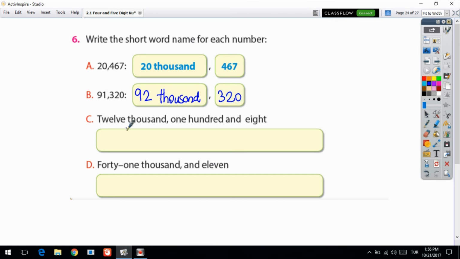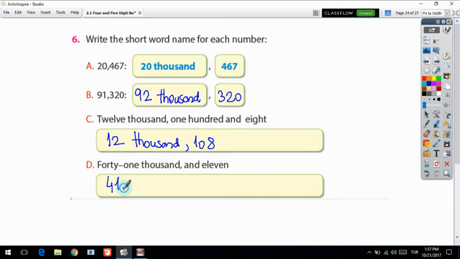Let's write the number before the comma in digits, then write the name of the group for the short name. 1,000, comma 108.